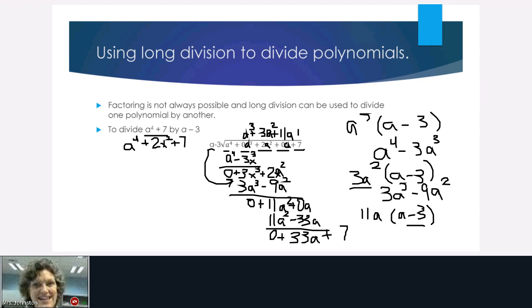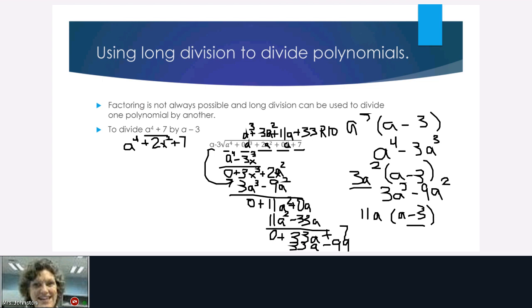I multiply it by 33. 33 times a is 33a. And 33 times negative 3 is negative 99. Well, the first column turns out to be 0, but 7 minus negative 99 becomes positive 106. So I have a remainder of 106.